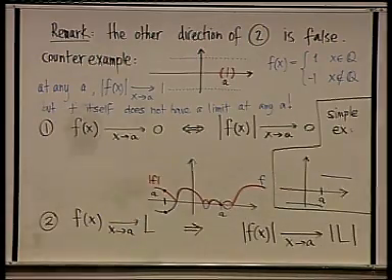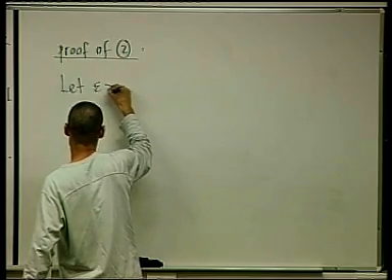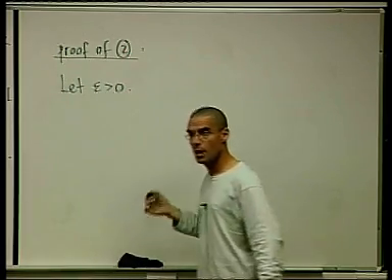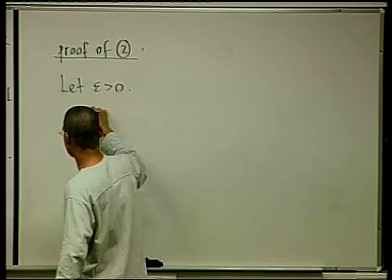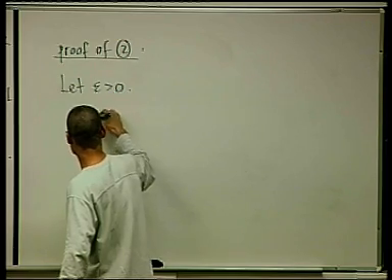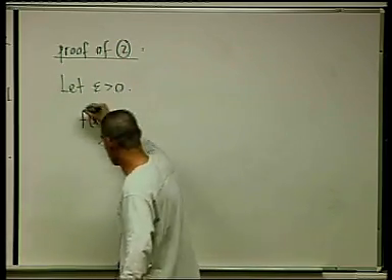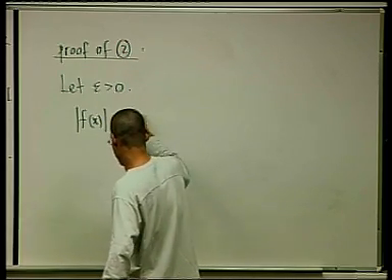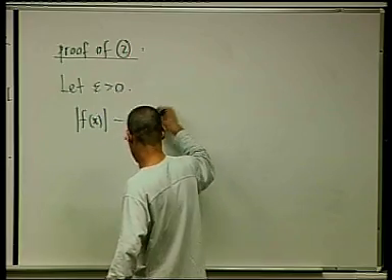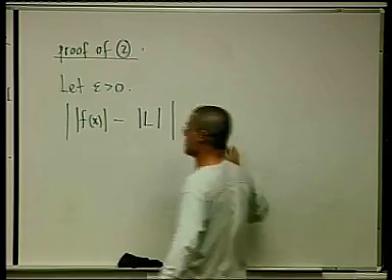So let epsilon be greater than 0. What do we want to show? This is a bit confusing, so look up here a second. We want to show that f of x in absolute value minus L in absolute value is less than epsilon.